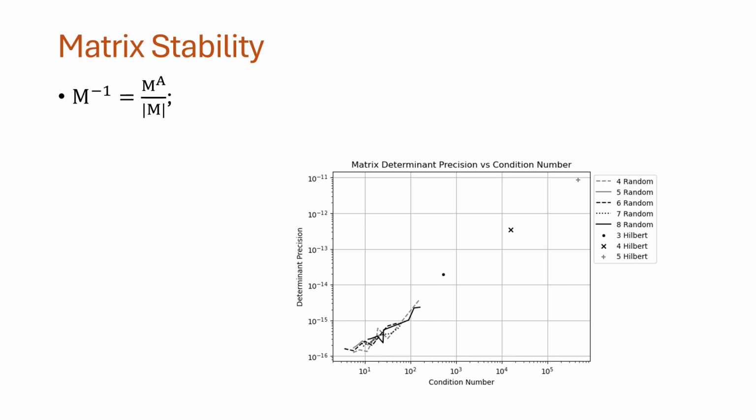And we can also add in this graph Hilbert matrices, which are theoretically the most unstable matrices. We can see all these Hilbert matrices are on the same linear relation with these random matrices. So it's a proof that we can use determinant precision to replace condition number, and determinant precision has a very clear meaning.